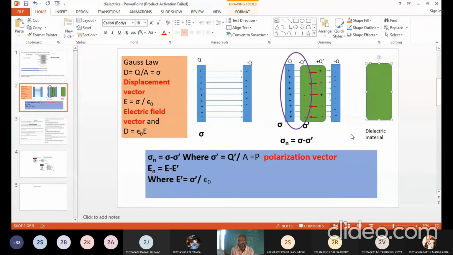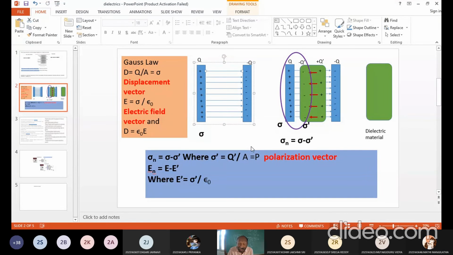Simple. Polarization. What do the blue arrows represent here? Electric field.